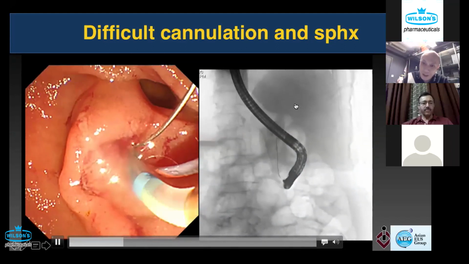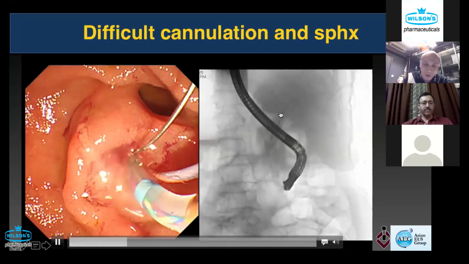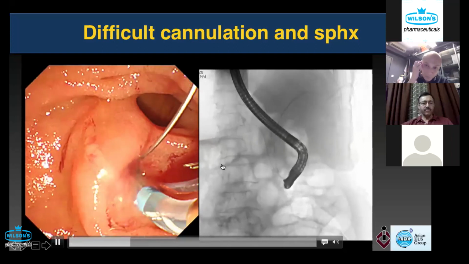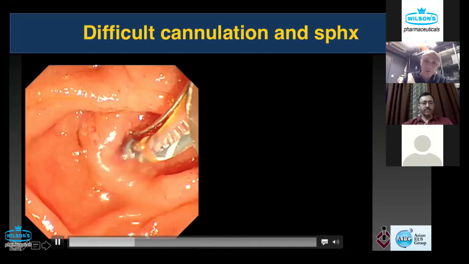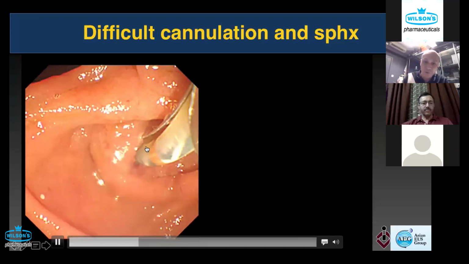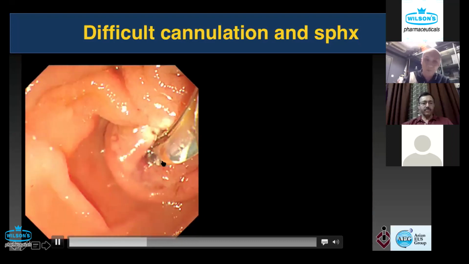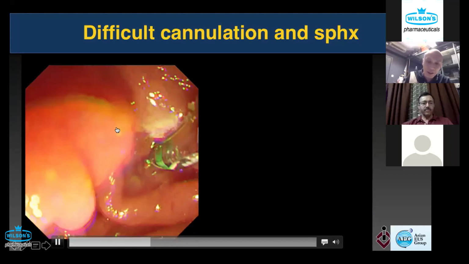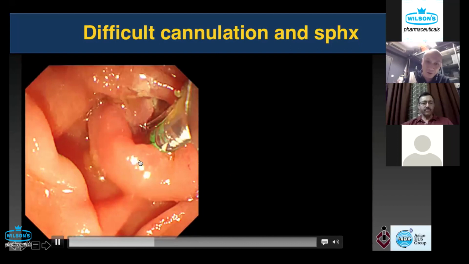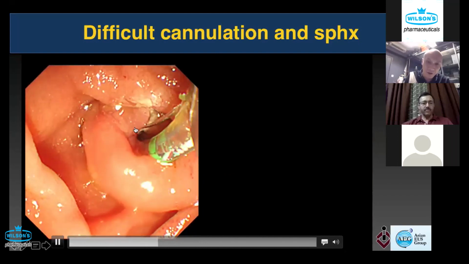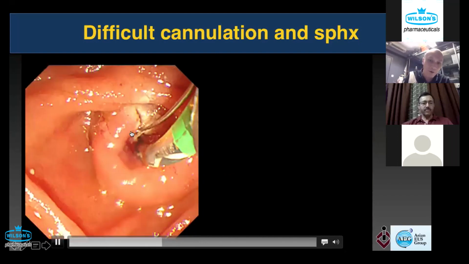And afterwards, the guide wire went into the bile duct quickly. So at this point, I didn't imagine it to be difficult for a sphincterotomy. So I actually pulled out the guide wire in the PD. And now you can see the duodenal mucosa being very redundant and also having some peristalsis.